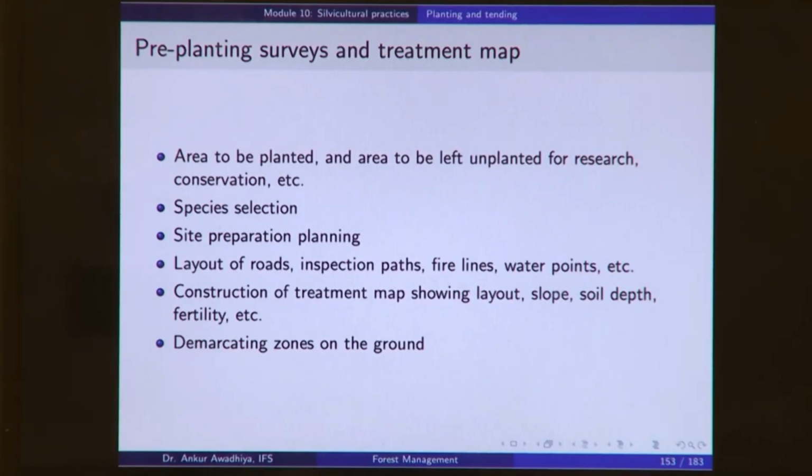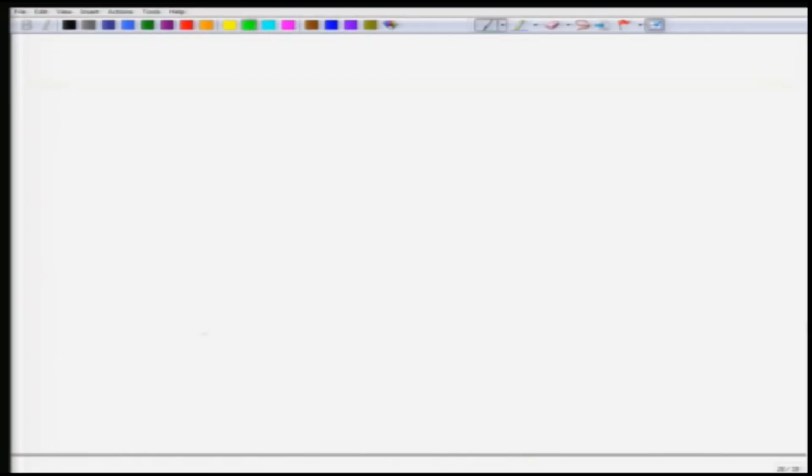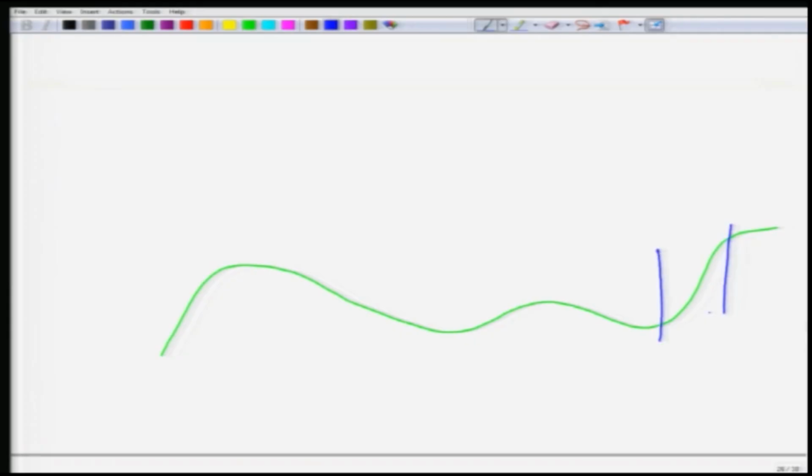Similarly, if the area where you are doing the plantation is large and it is rugged, let us say that the area is something like this. So, in this case these sections with very high slopes will probably be having a very different species as compared to these tops of the hills.